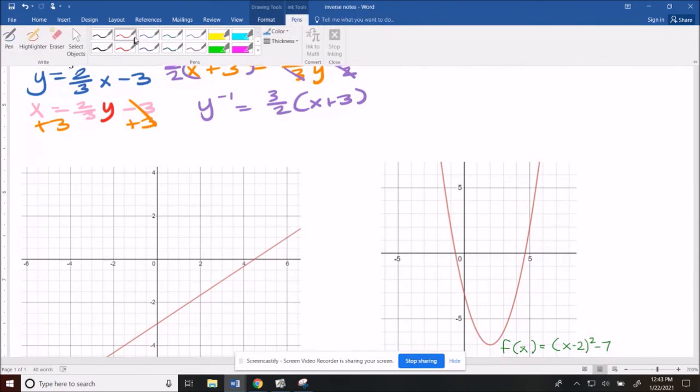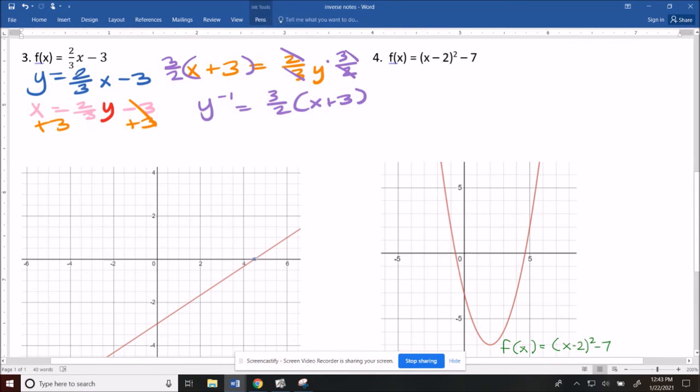That shouldn't be a surprise since we have an x-intercept of 4.5 here. I'm going to have a y-intercept of 4.5 up here. They always switch. Then I had a y-intercept of negative 3, so that's going to give me an x-intercept of negative 3 over here on my other line. Ooh, not the best line.